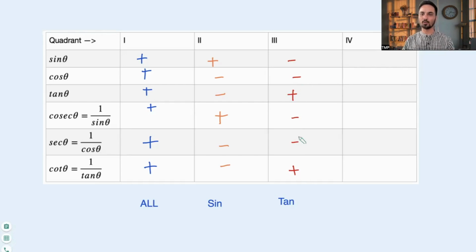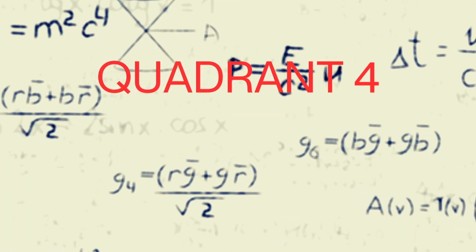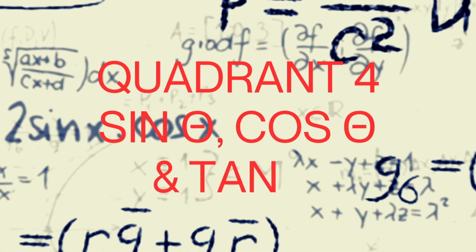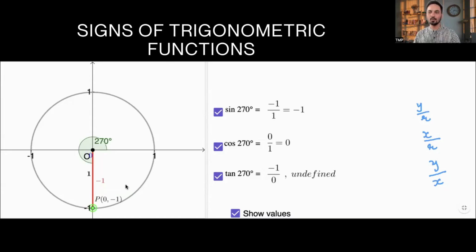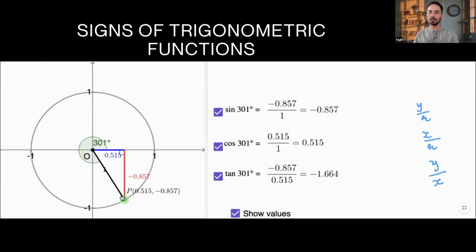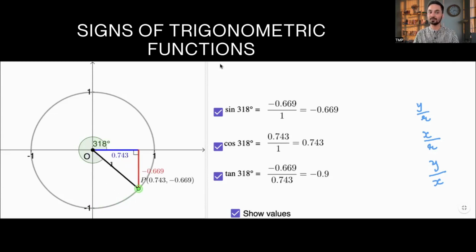So let's move on to the fourth quadrant now. When we move into quadrant 4, we observe that the value of sine and tan is negative. And the only value which is positive is cos.